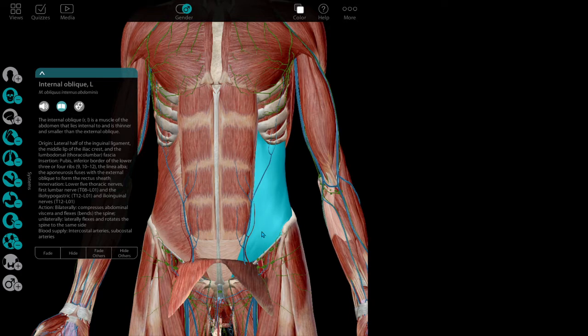Again, its contraction is towards the same side, no? The action: they laterally compress the abdomen and viscera and flex and bend the spine. Unilaterally, it laterally flexes and rotates the spine to the same side.